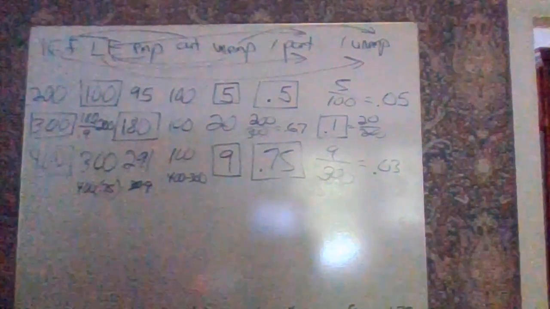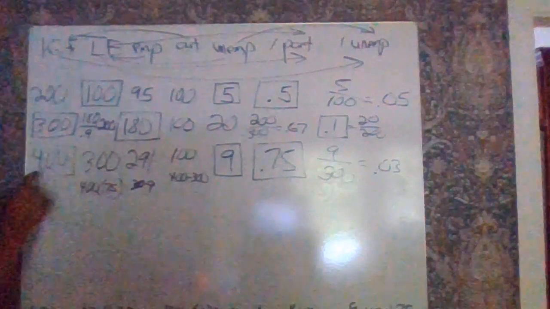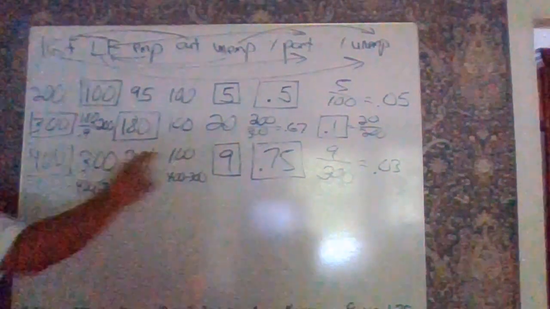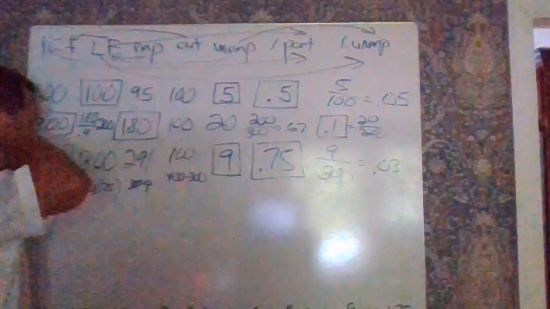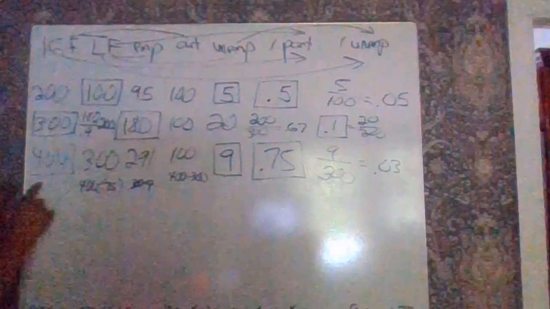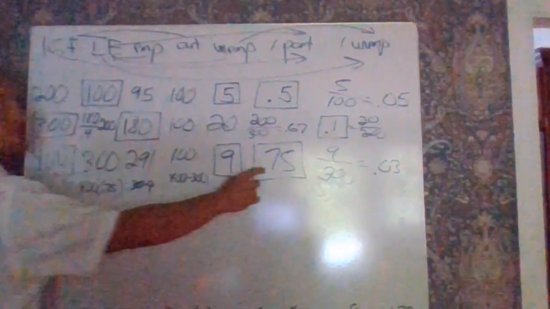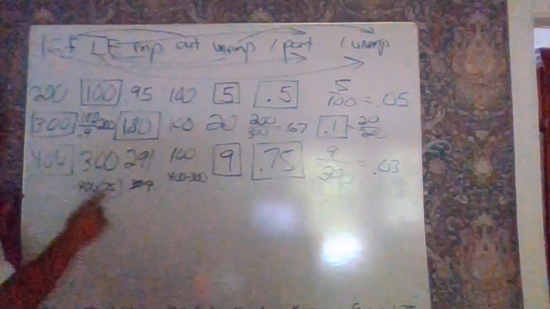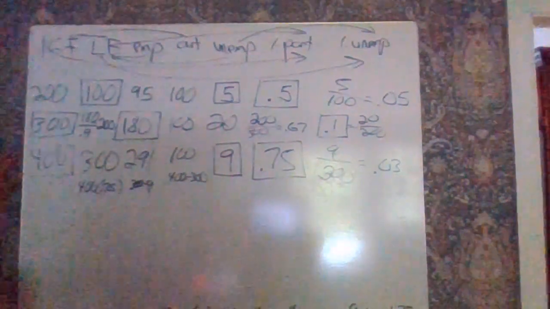So to recap, we were given the 16 plus adult population as 400, the unemployed numbering 9, and the participation rate being 0.75. The first thing we said is if 75% of the adult population is participating, 400 times 0.75 gives us a labor force of 300.